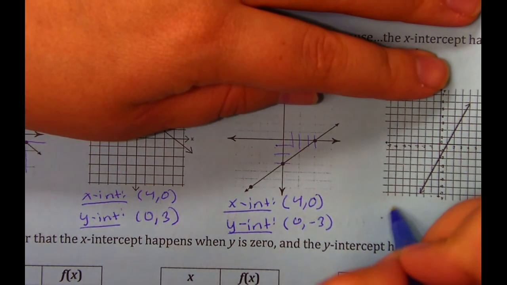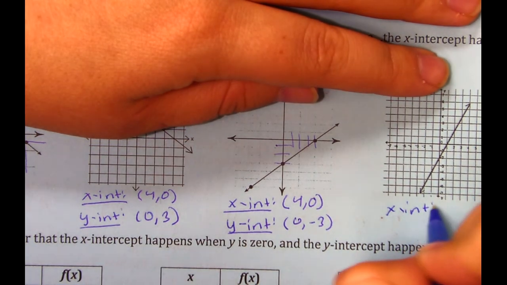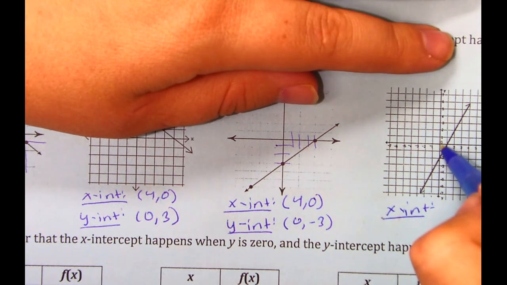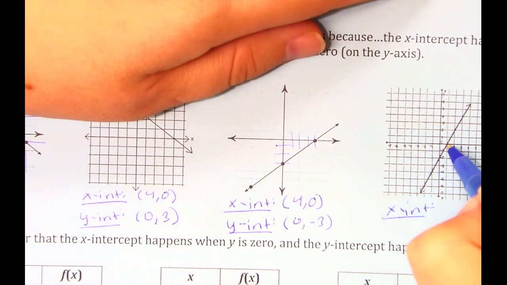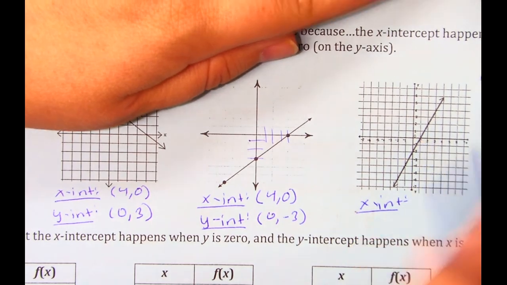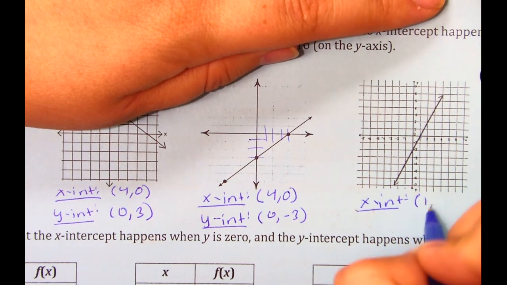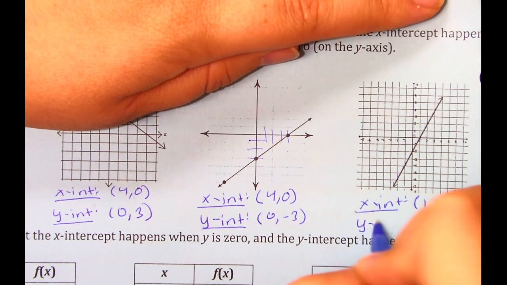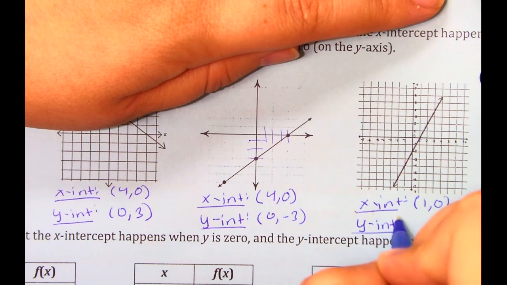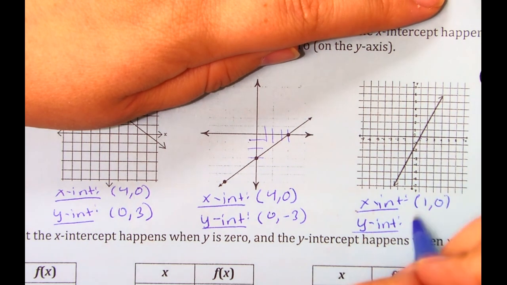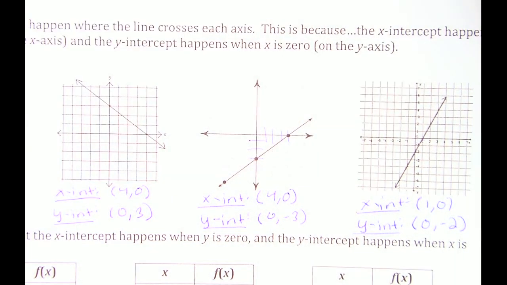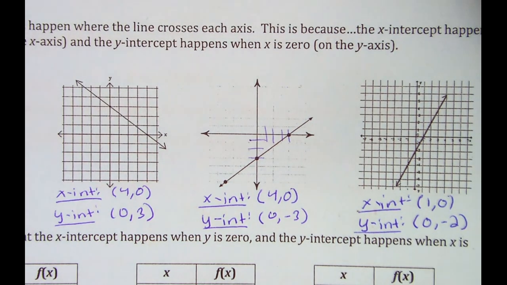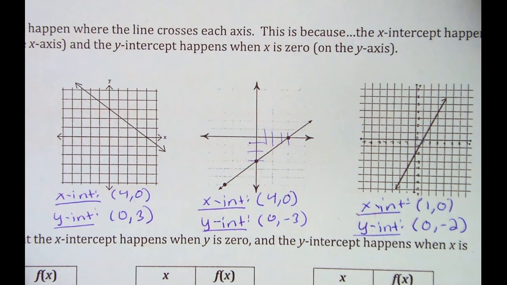Now this one, the x-intercept is at 1, sitting right there on the x-axis. So it is 1, 0. And the y-intercept is 0, negative 2.